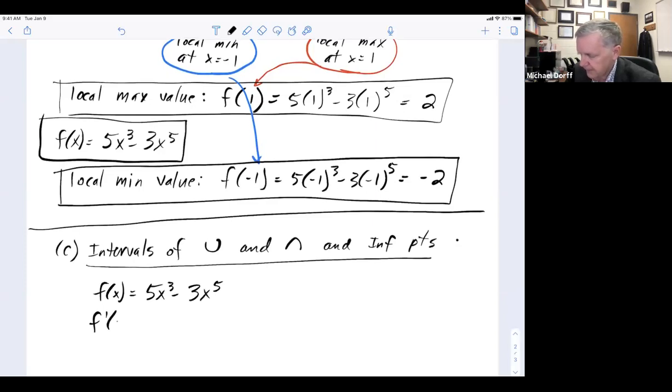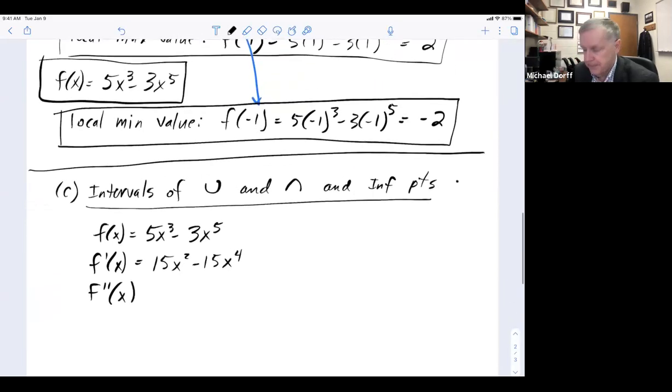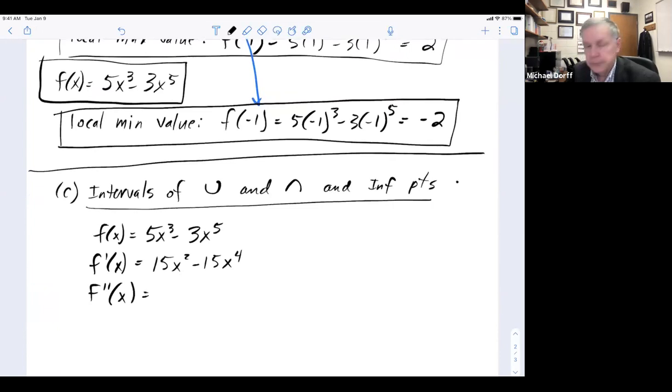Our first derivative that we did in part A was 15x squared minus 15x to the 4th. Now we need the second derivative to find concave up and concave down. So I'm going to take the derivative of the first derivative, and I get 30x minus 60x cubed. And I want to set that equal to 0.